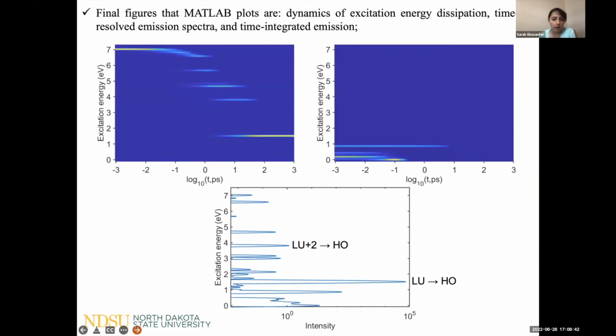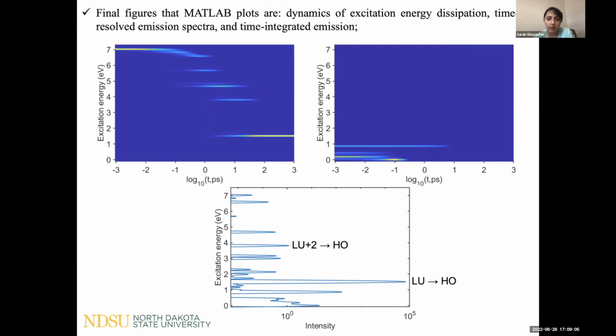The next and final images that MATLAB plots for us are these three panels. From the top left, this is the dissipation of excitation energy as a function of time.